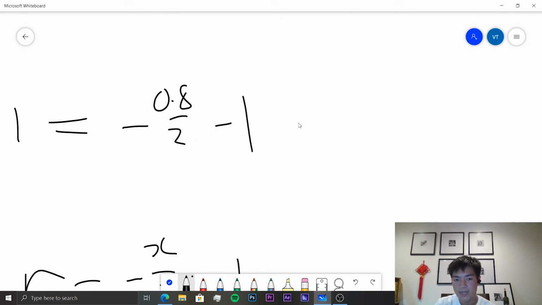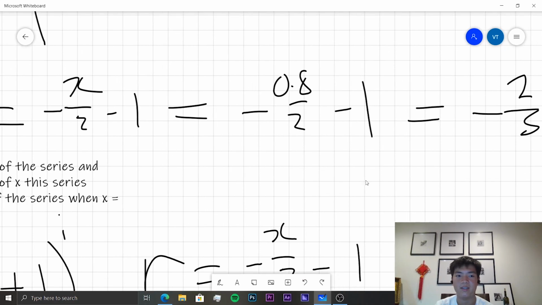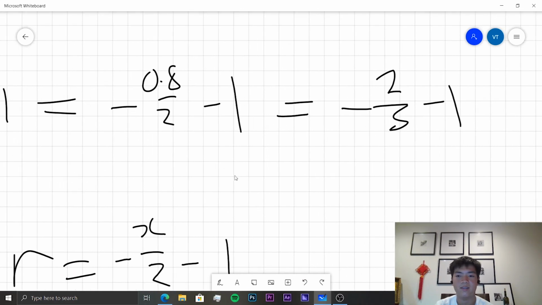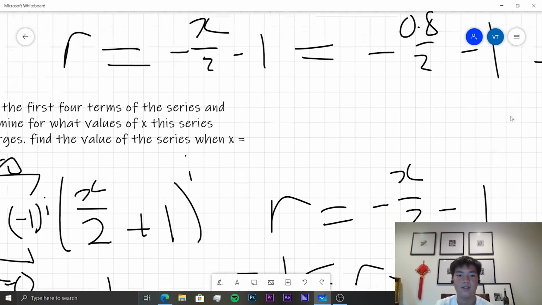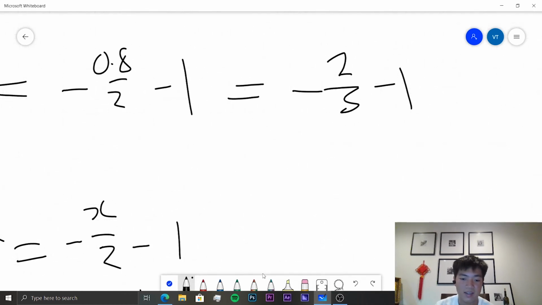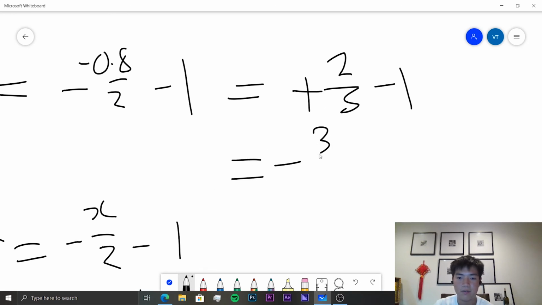And this would be 8 over 20, 4 over 10, 2 over 5, negative 2 over 5 minus 1. Does this converge, or am I being silly? Oh, negative 0.8. Okay. So otherwise positive 2 over 5 minus 1, which is equal to negative 3 over 5.